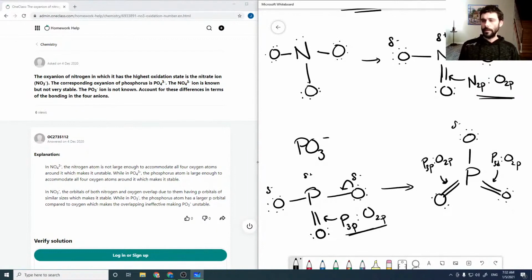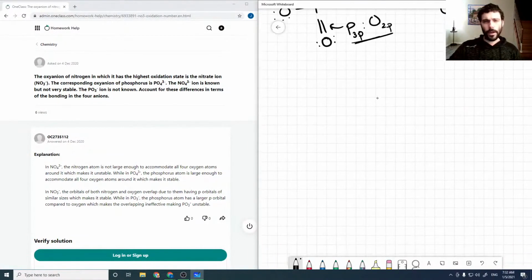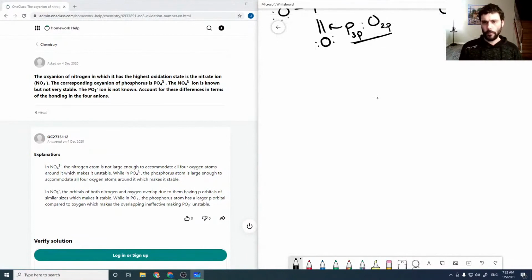Although the negative charge is now firmly on the oxygen. But either way, we do have this higher overlap going on.